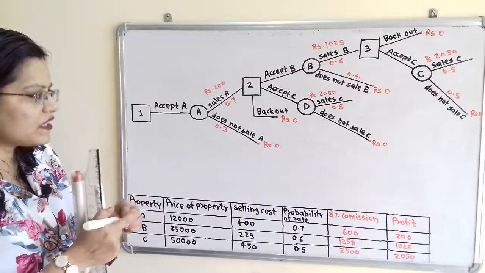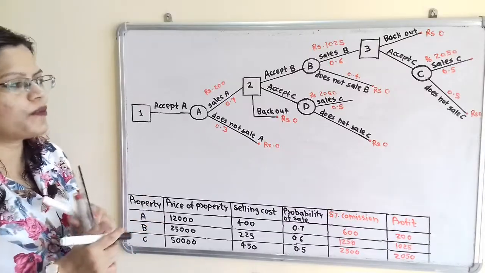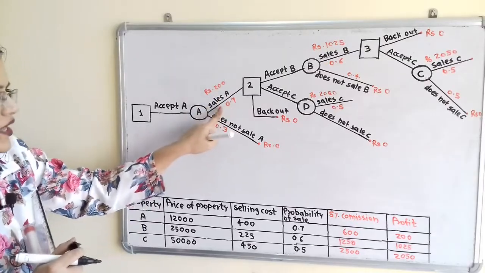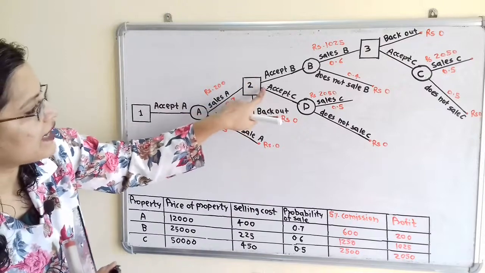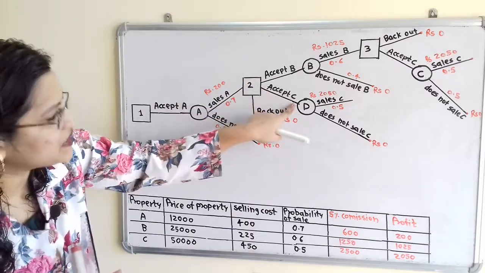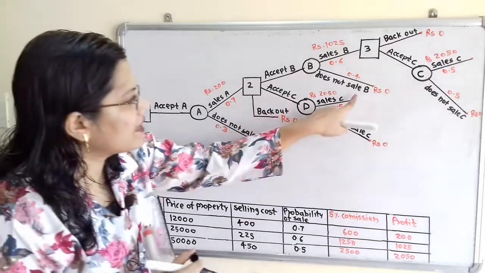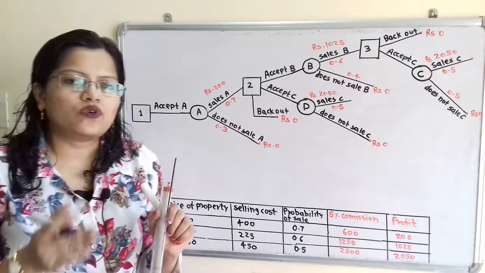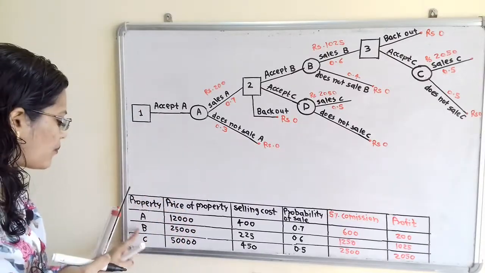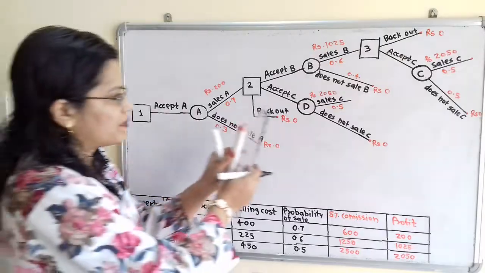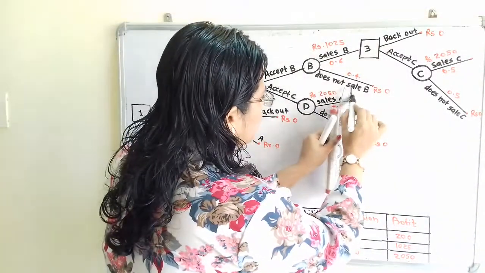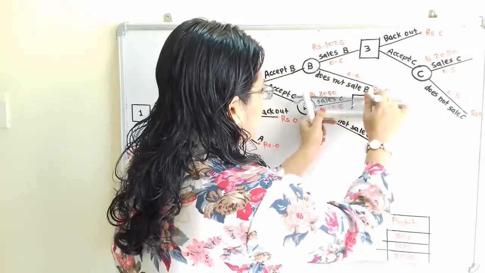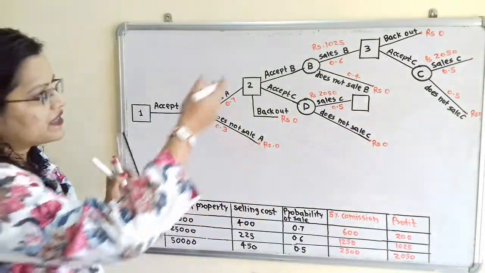Now again, if he sells the property C, here he is selling property A, and then the second decision: if he accepts the offer for C, then again we have to take a decision, that is to back out or to accept the remaining property B. So again I will mention this with a decision node. Now it's up to the decision maker, that is the estate agent.